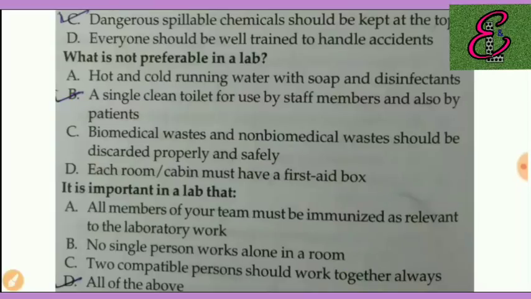No single person works alone in a room. Two compatible persons should work together always. So all three points given are important in a lab.